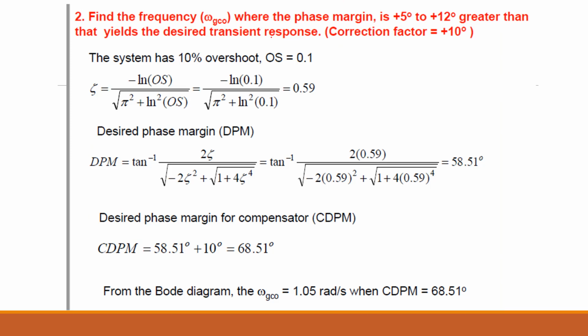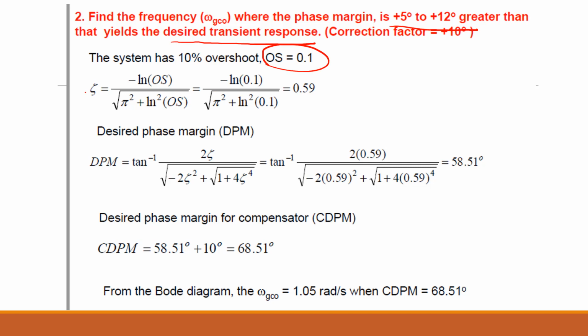Okay, now next we need to find the gain crossover frequency where the phase margin is between 5 degrees to 12 degrees greater than the value needed to yield the desired transient response. In this case, the system has 10% overshoot. This is the overshoot.